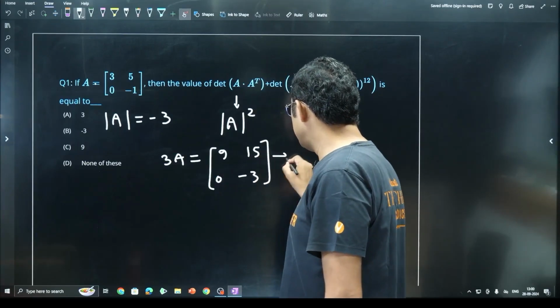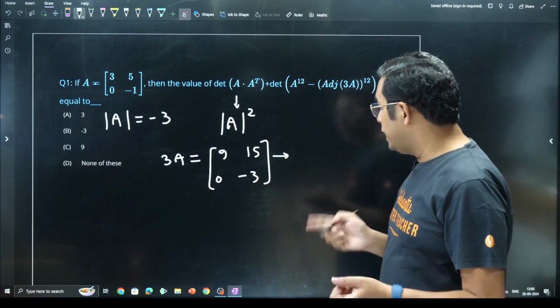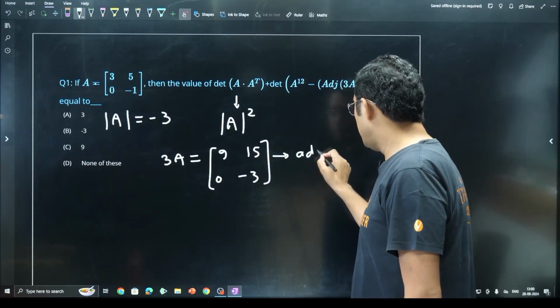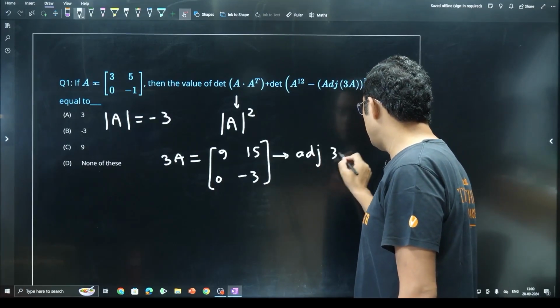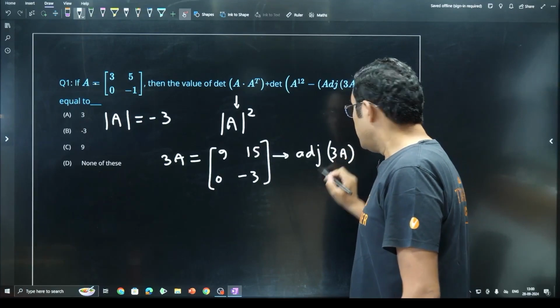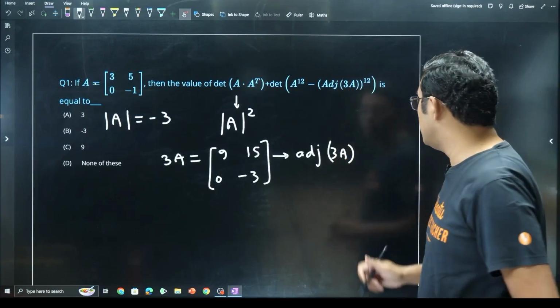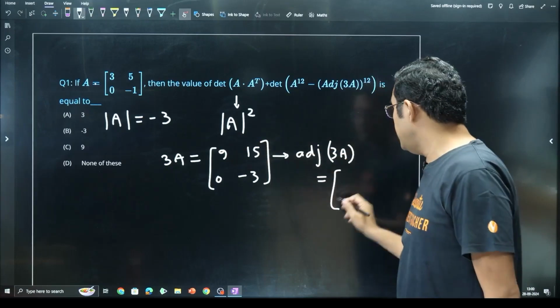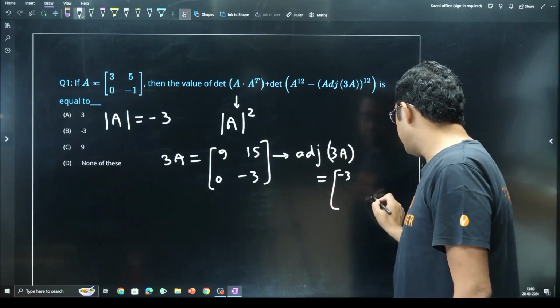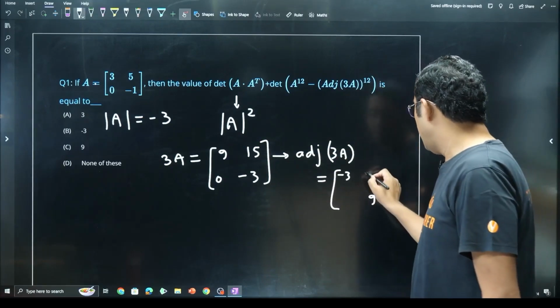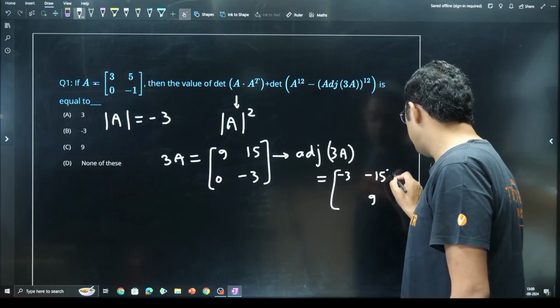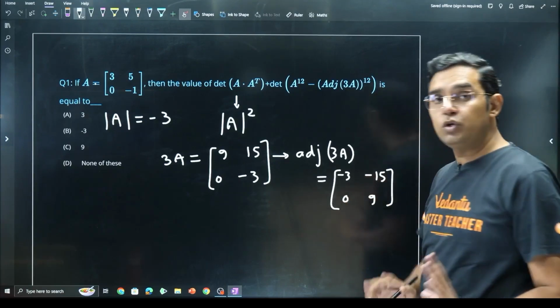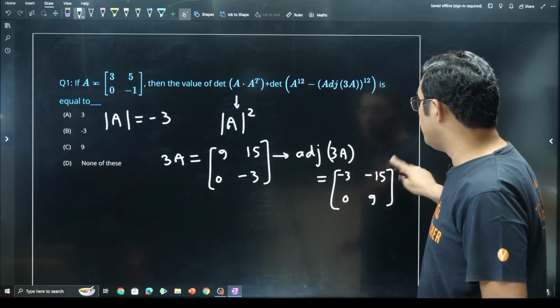And from this, if I find adjoint of 3A, how adjoint of any 2 into 2 order matrix is found, we just interchange the diagonal elements. So it will be -3 and 9 here, and minus sign on the other two elements, so -15, and it will remain 0 here. So that will be my adjoint of 3A.